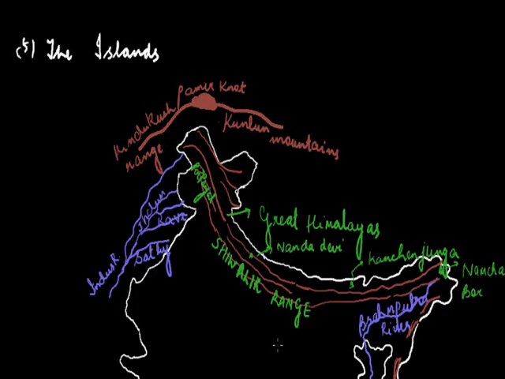So on the map, we will see the location of these ranges. This is the Ladakh range, which you can mark. And this is the Zaskar mountains or the Zaskar range.